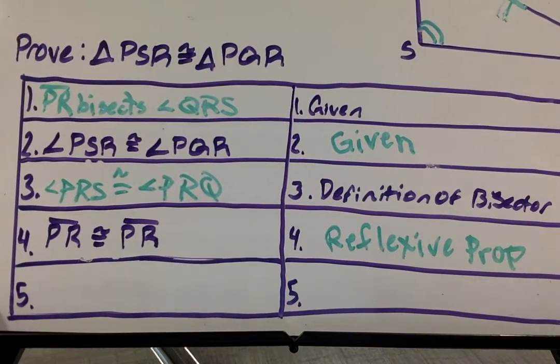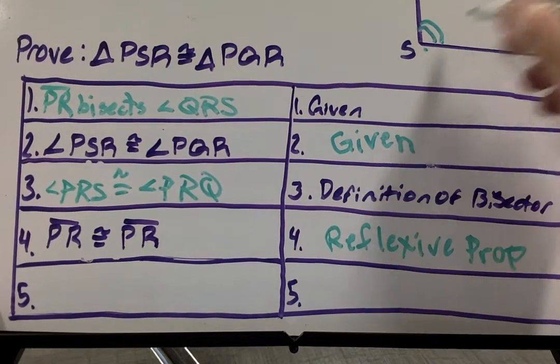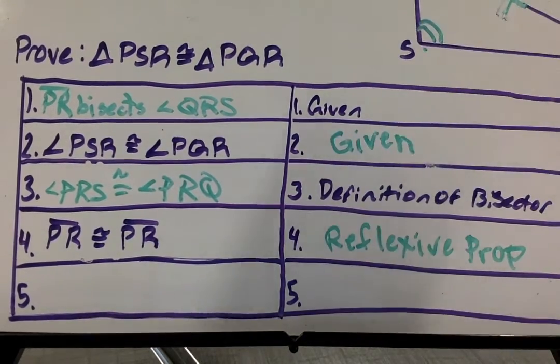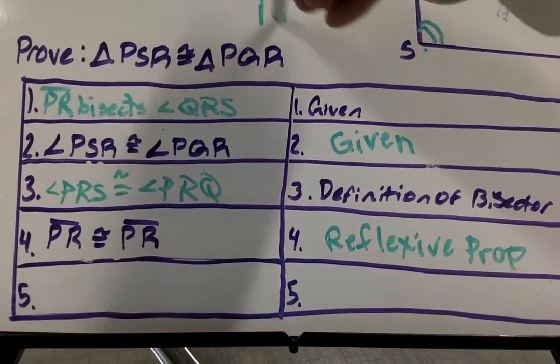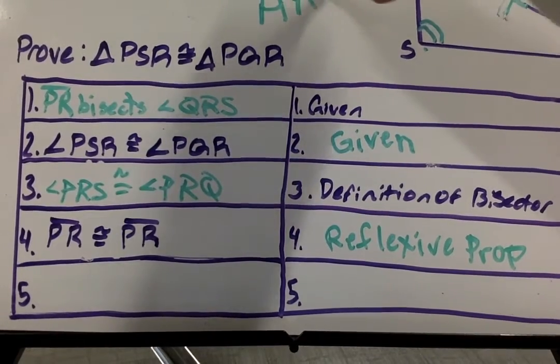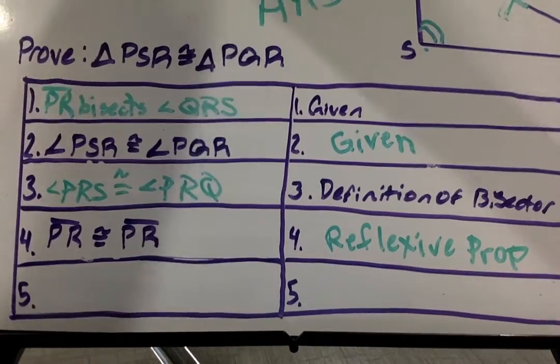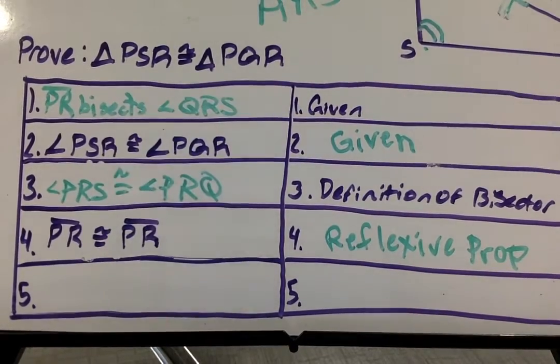Now, can we prove anything congruent? Angle, angle, side. Is that one of our 4 that we can use? And the answer to that is yes. It's not angle, angle, angle, and it's not a swear word. So it's not that, and it's not a swear word.